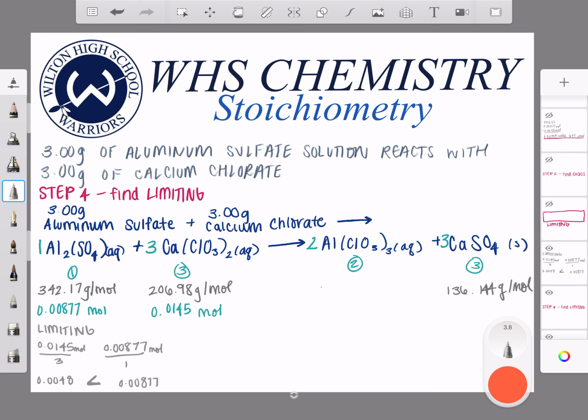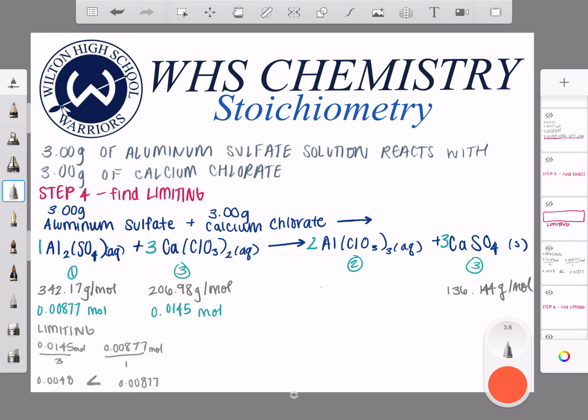If we do the division out to make it clearer which one is bigger or smaller, we have 0.0048 for calcium chlorate and 0.00877 for aluminum sulfate. Our limiting reactant is always the substance that has the least amount of moles, because that is the least amount required to complete the reaction.